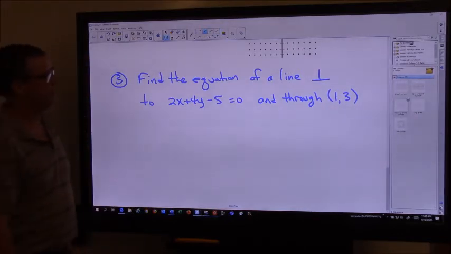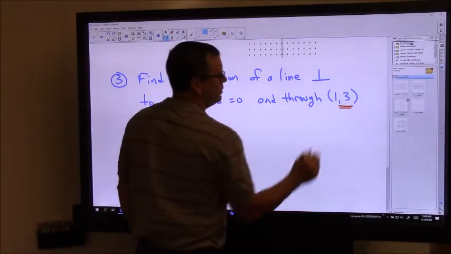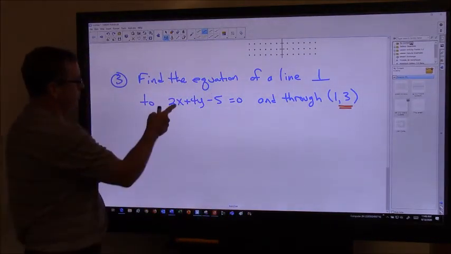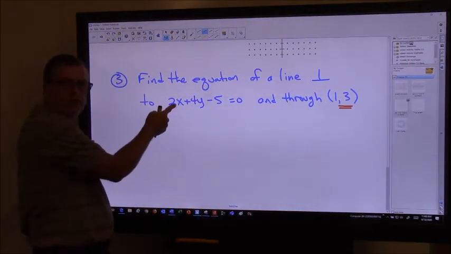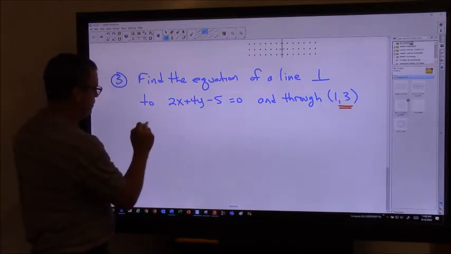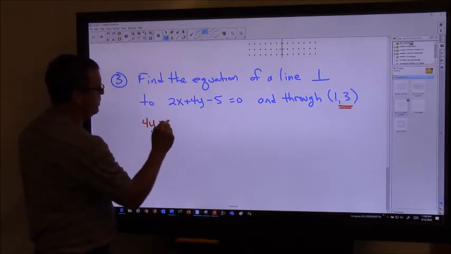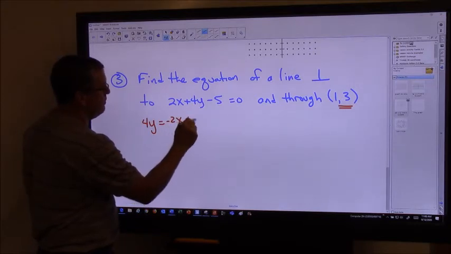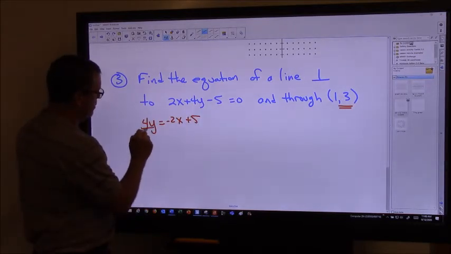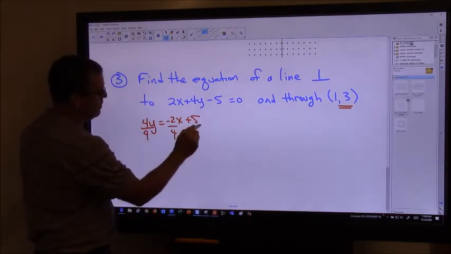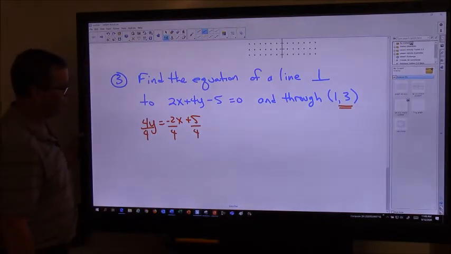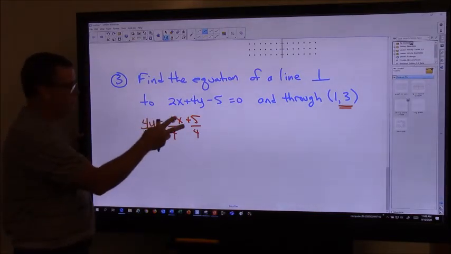All right, so I've got my point right here. I just need the slope. So I'm going to take this equation and solve for y. So I've got 4y equals a -2x plus 5. I'll divide everything by 4 to get y by itself. And at this point, I don't really think I need to write anything else down here.